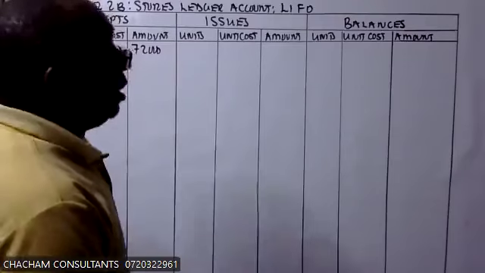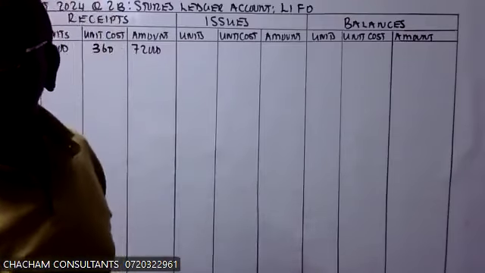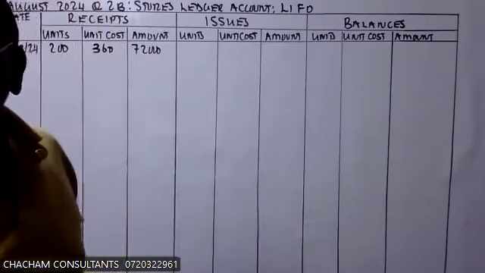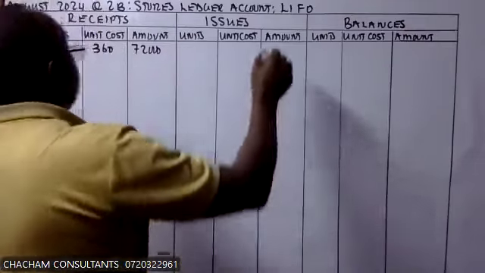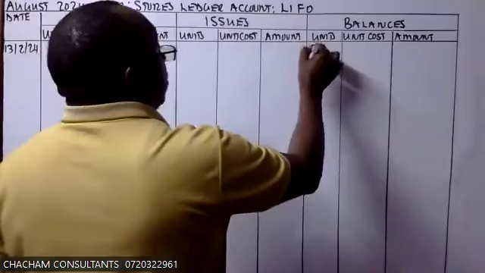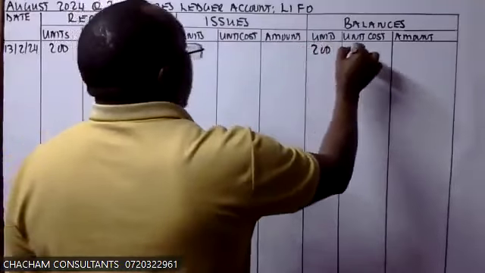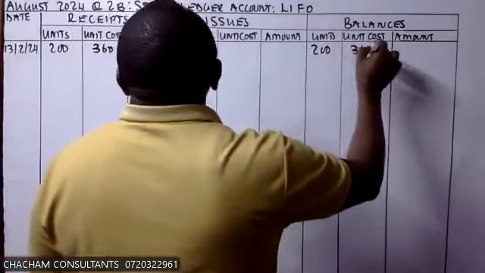Elvis, that way. And Eric. Yes, Quinta, good. So now the closing balance is 200 units at 360.